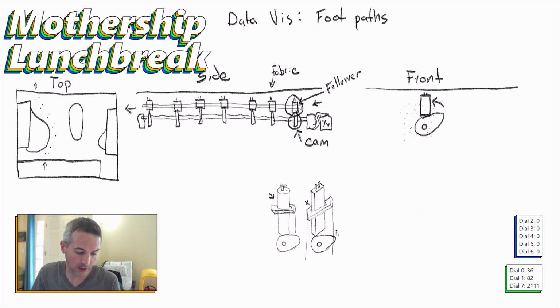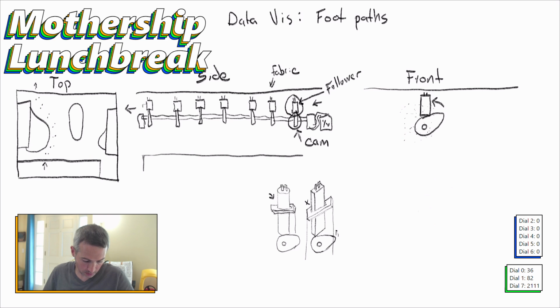So I think from the top, there's gonna be these holes that line up with the 7 followers. And so this will have some thickness. I don't think it needs to be that thick though, really.